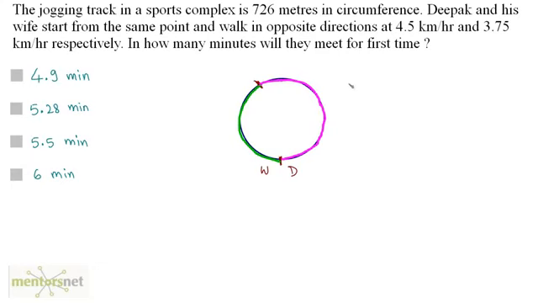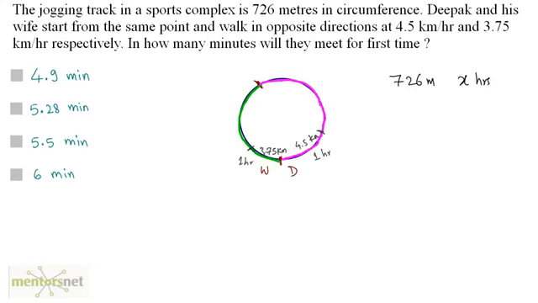Now let us say that the time taken for them to meet is x hours and they have traveled 726 meters. Now Deepak's speed is 4.5 kilometers per hour. So in 1 hour Deepak would have traveled 4.5 kilometers. Similarly, in 1 hour his wife would have traveled 3.75 kilometers because her speed is 3.75 kilometers per hour.